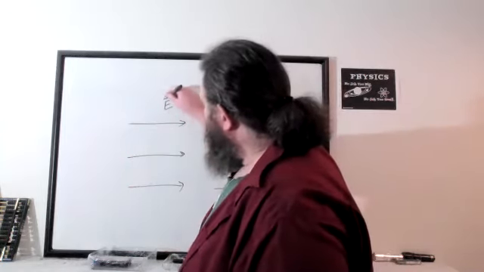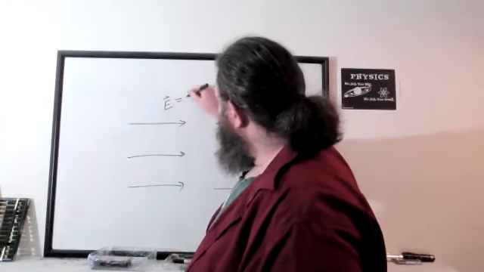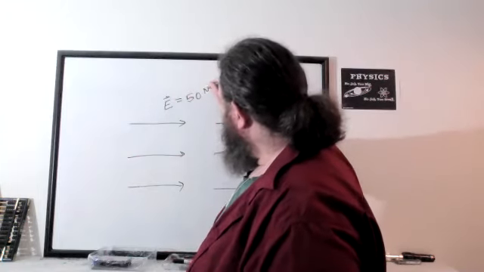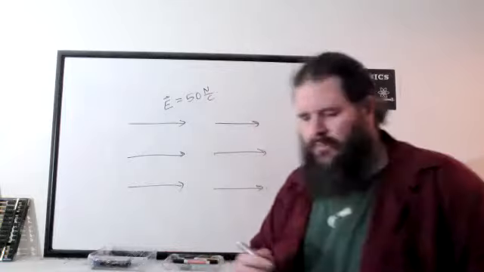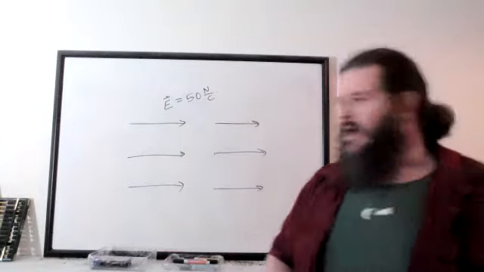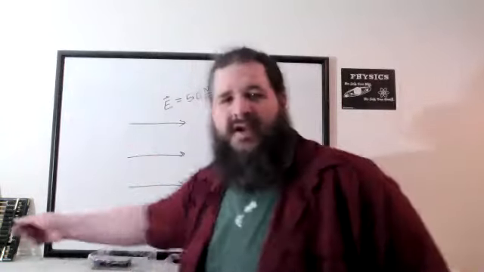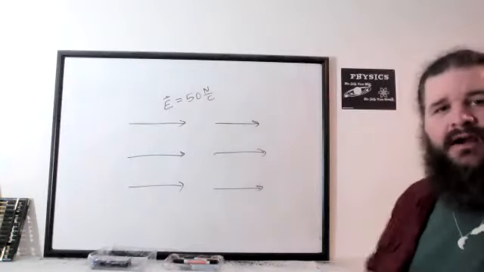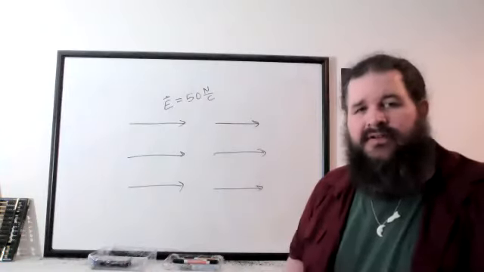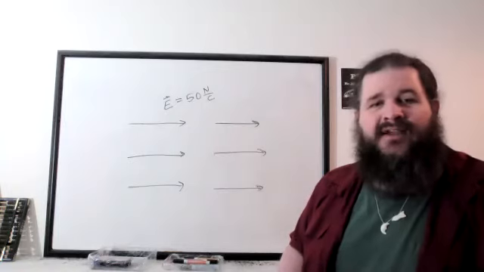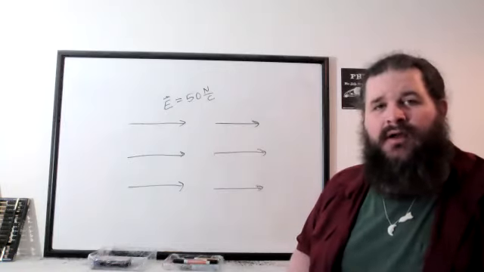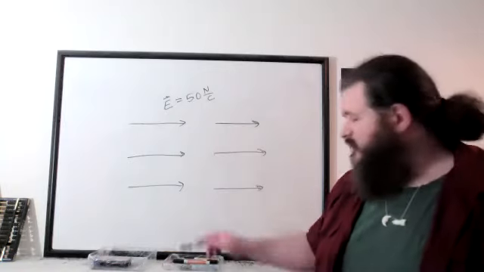Let's say the electric field is 50 newtons per coulomb everywhere. Presumably this is caused by, maybe there's a wall of positive charge over here and a wall of negative charge over here. But the nice thing about electric field is once you know the electric field, you don't have to care about the source that caused it anymore. The electric field has all the information you need.